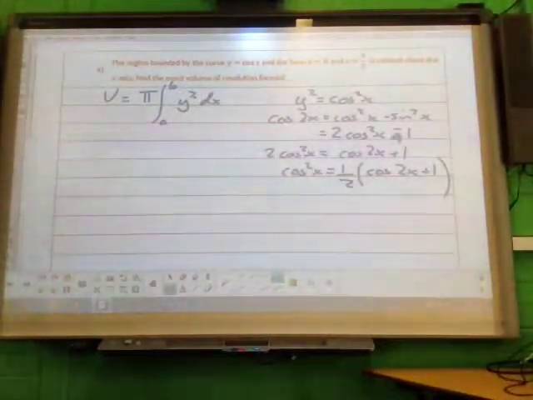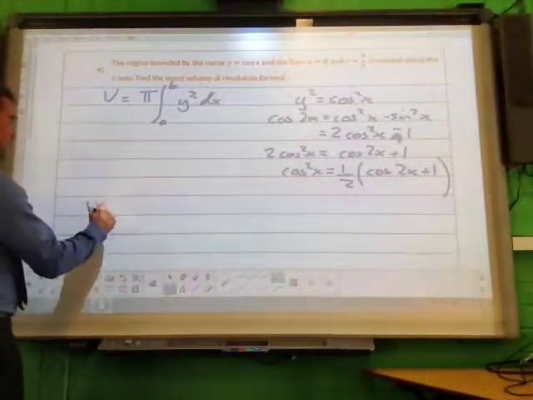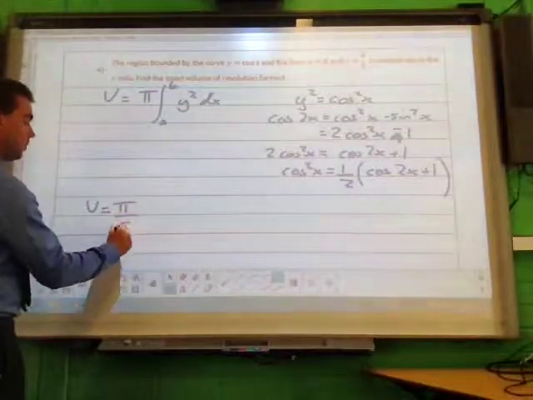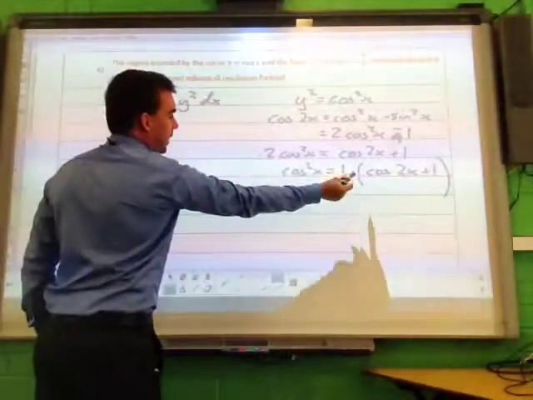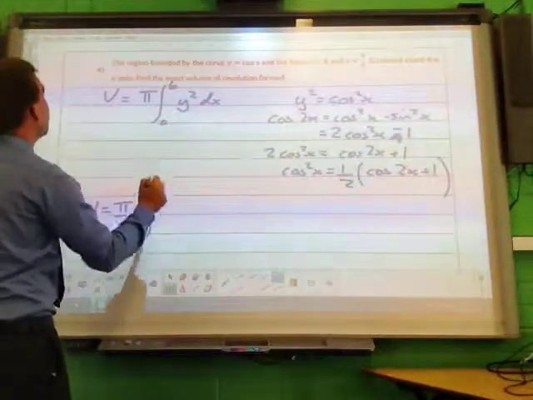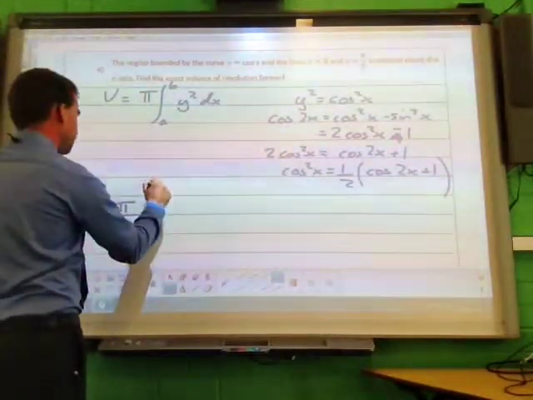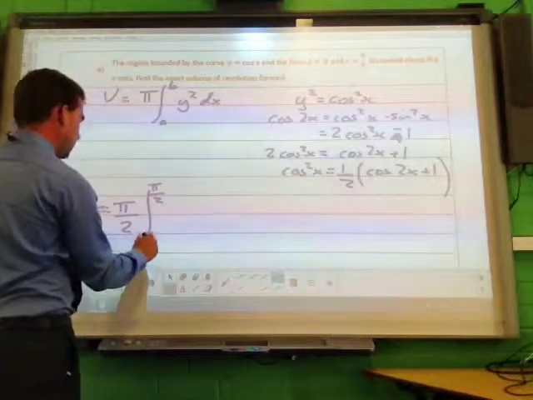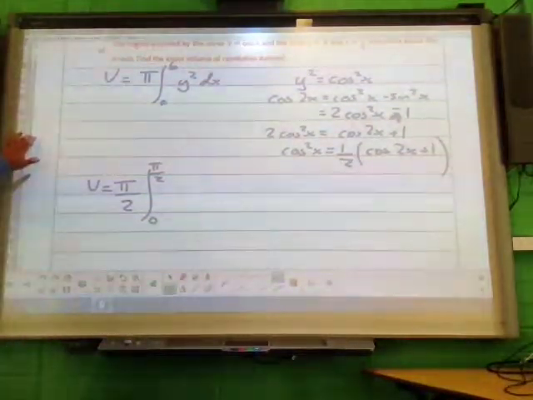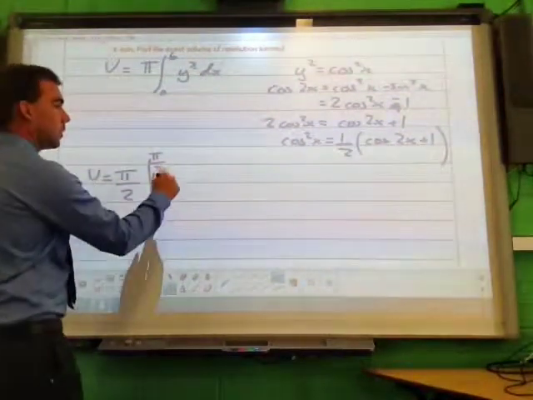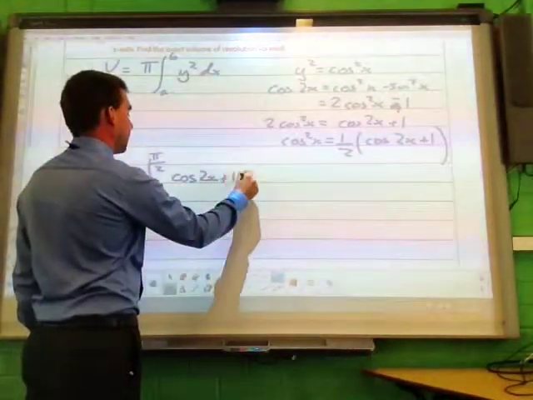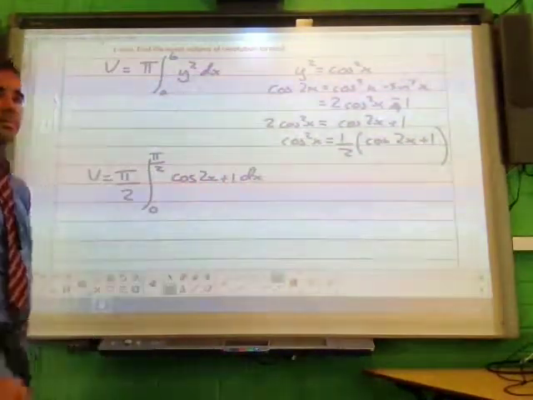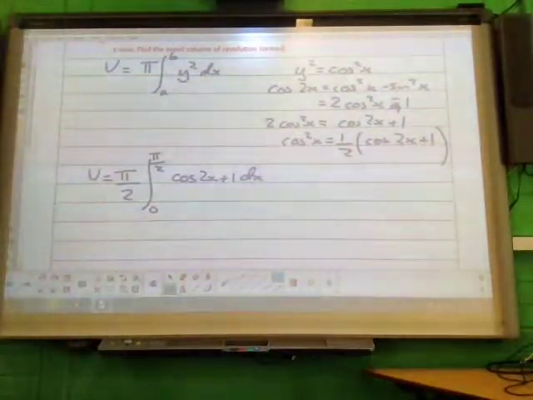So, pi over 2, when you bring the constant of a half out the front, integral from pi over 2 and 0 of cos 2x plus 1 dx.